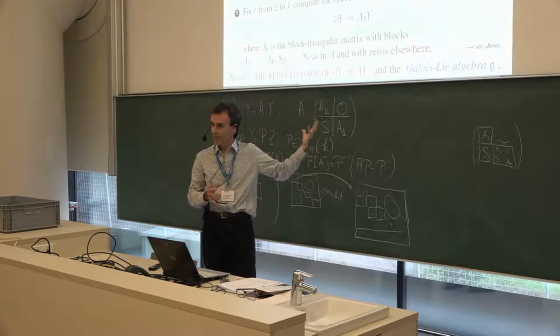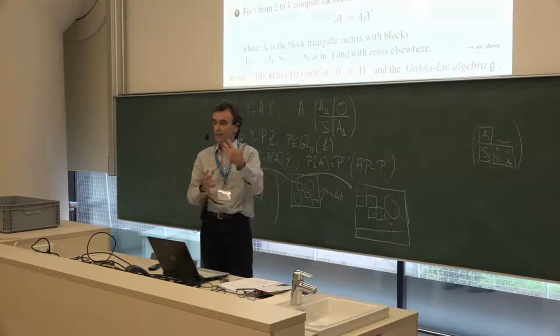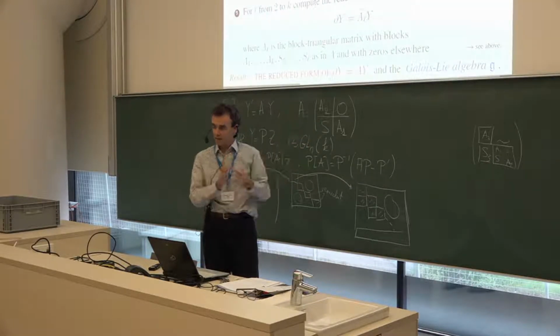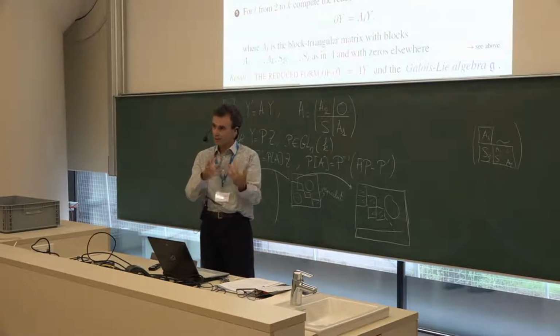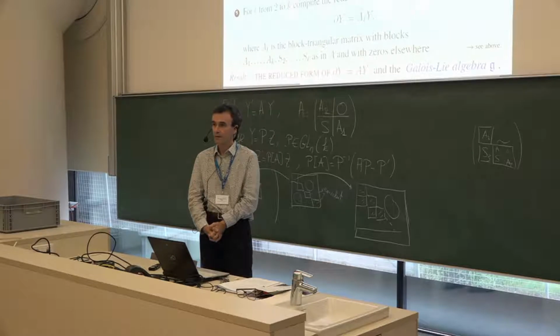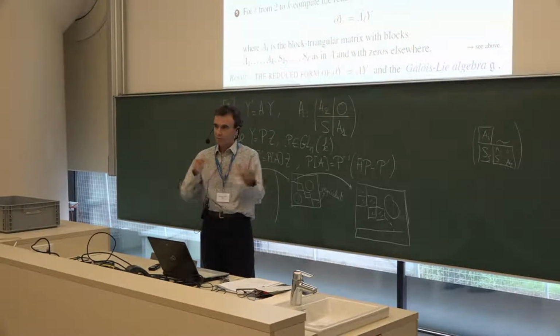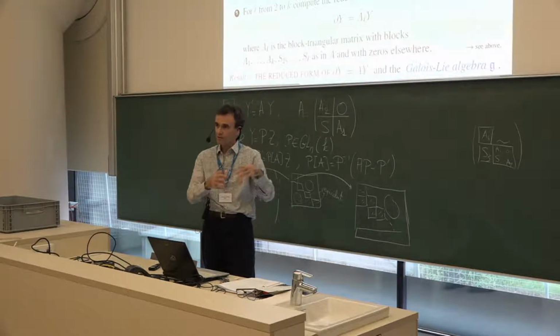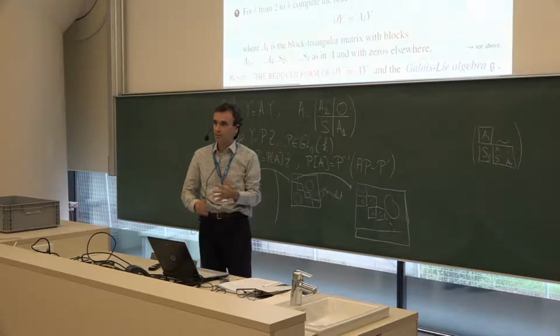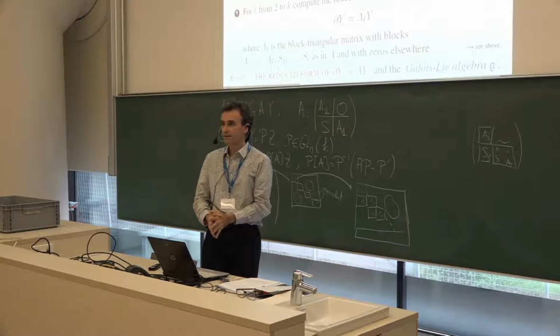We don't have it explicitly. So that's why in this case it seems easier to read the Lie algebra from there. Somehow the Lie algebra really can be read in the system in a much deeper way than what I showed here. They're really linked.